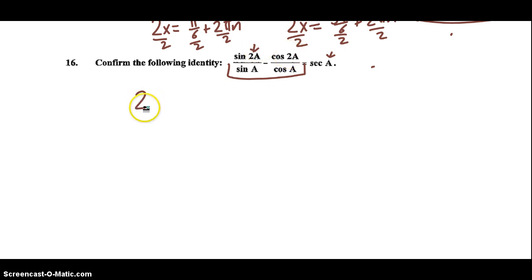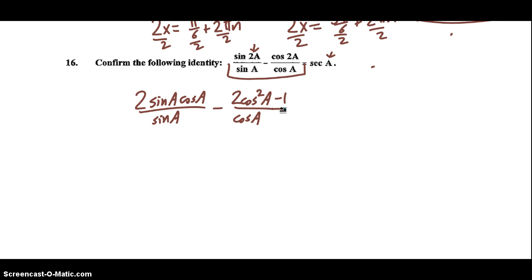So sine of 2A is simply 2 sine A cosine A, and we have over sine A. And this guy's cosine A. Now, cosine 2A, there are actually 3 different choices that we have for cosine of 2A. So the question is, which one do we use? Since we're trying to get something in terms of cosine, right, because secant's 1 over cosine, I'm thinking I'm probably going to use the one that is strictly cosine. So 2 cosine squared A minus 1.